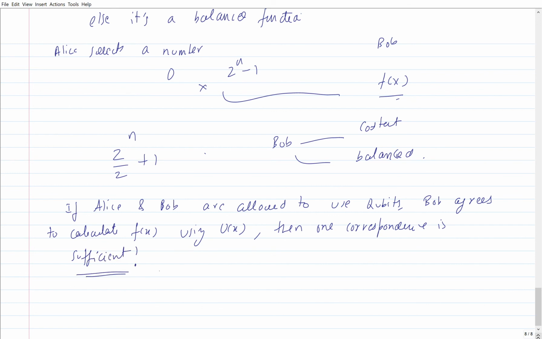So in that way, how many times does Bob have to use the circuit? This provides an exponential speed up over the classical algorithm.